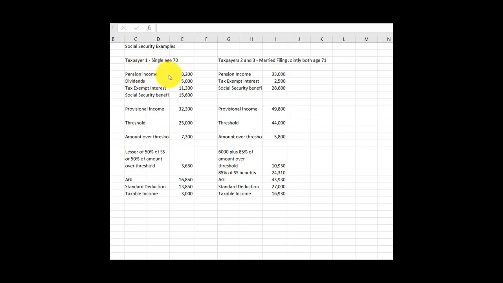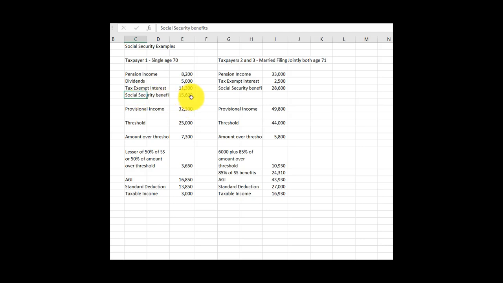So we have taxpayer 1, single, age 70, pension income, some dividends, some tax exempt interest. We won't worry about whether these are qualified dividends or not because it won't matter for our calculations. And our Social Security benefits total.